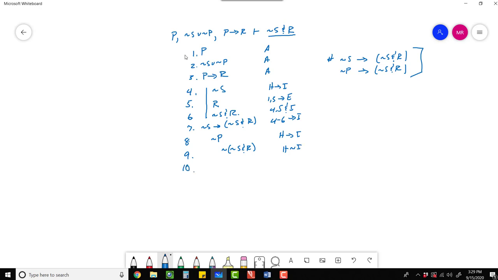And now you just bring down your P and not P by 1, 8 conjunction introduction, right? So this one probably feels really weird to you, and the way that I would describe the weirdness is this.